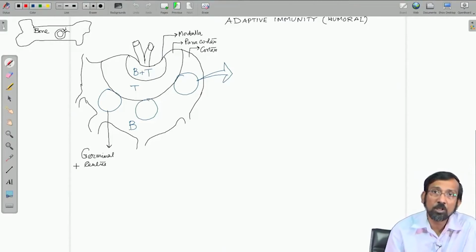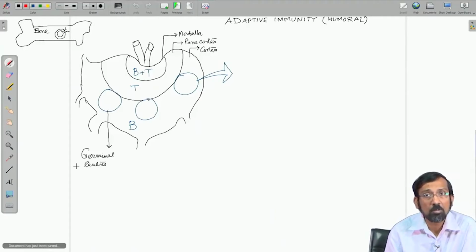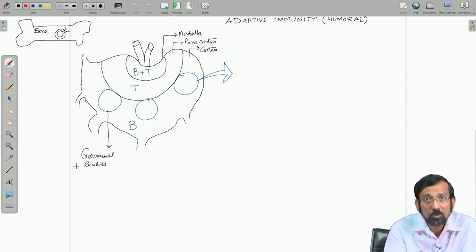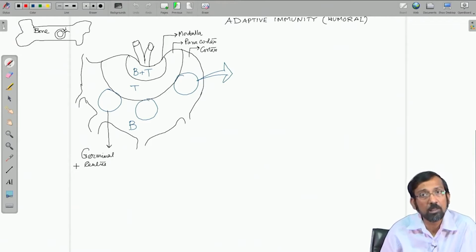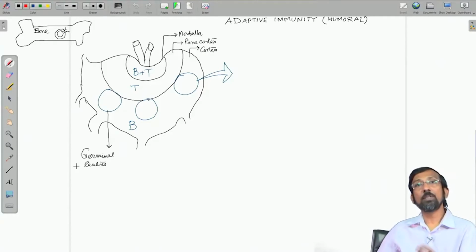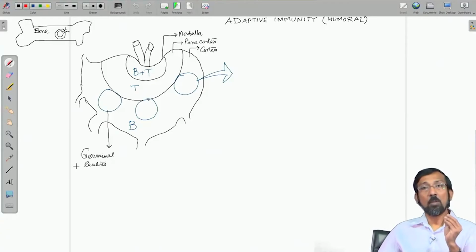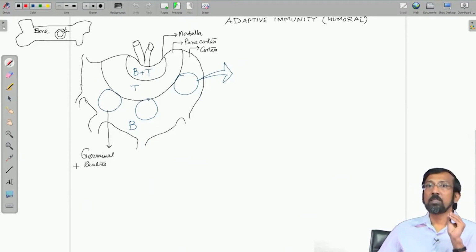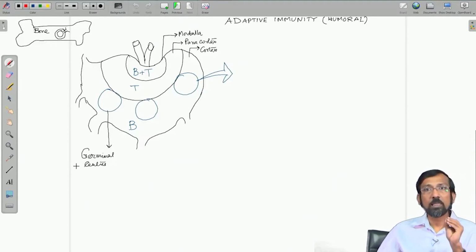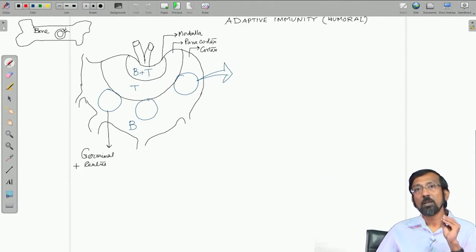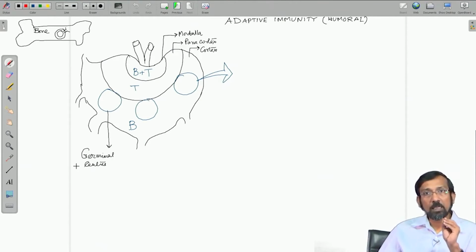As we know, these B cells mature in the bone marrow and then they come to this lymph node, where they encounter the antigens. But only an encounter with the antigens will not lead to the activation of the B cell. There are other events that are required.